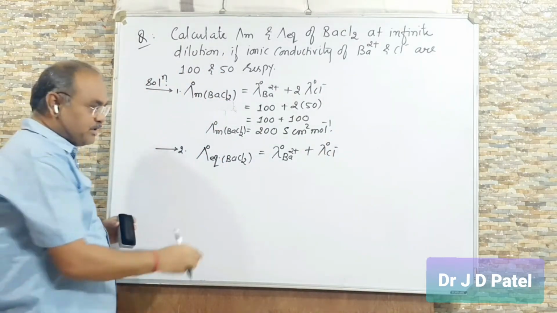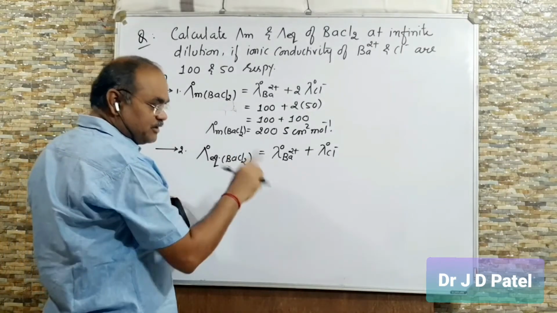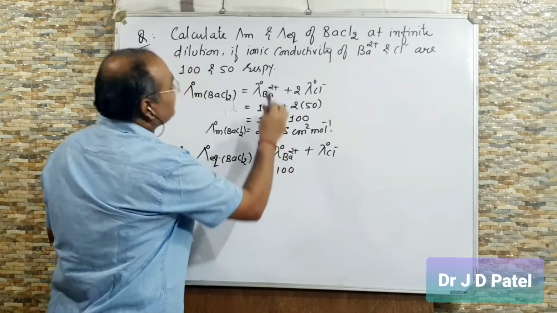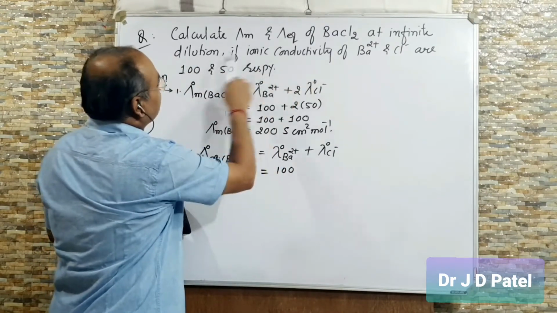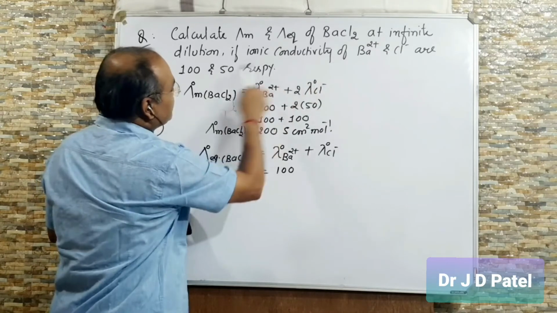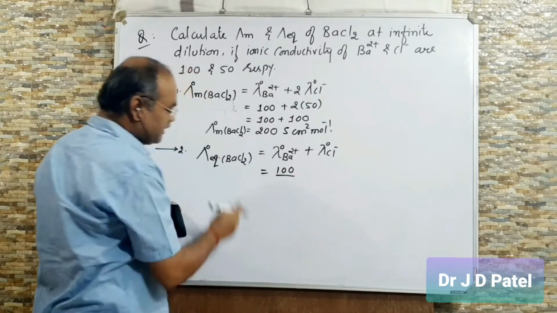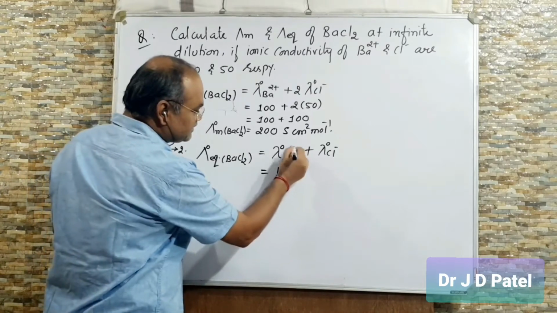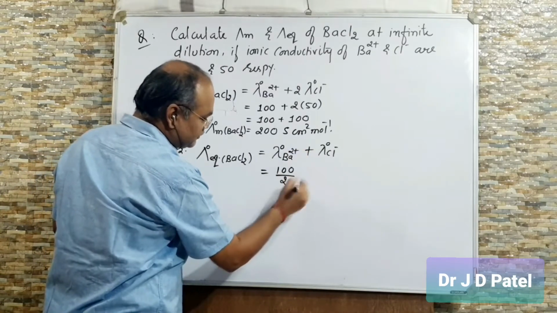But the important point is that this is equivalent, so we have to divide by the n factor. At infinite dilution the ionic conductivity of Ba2+ is 100, divided by its n factor, which is 2.